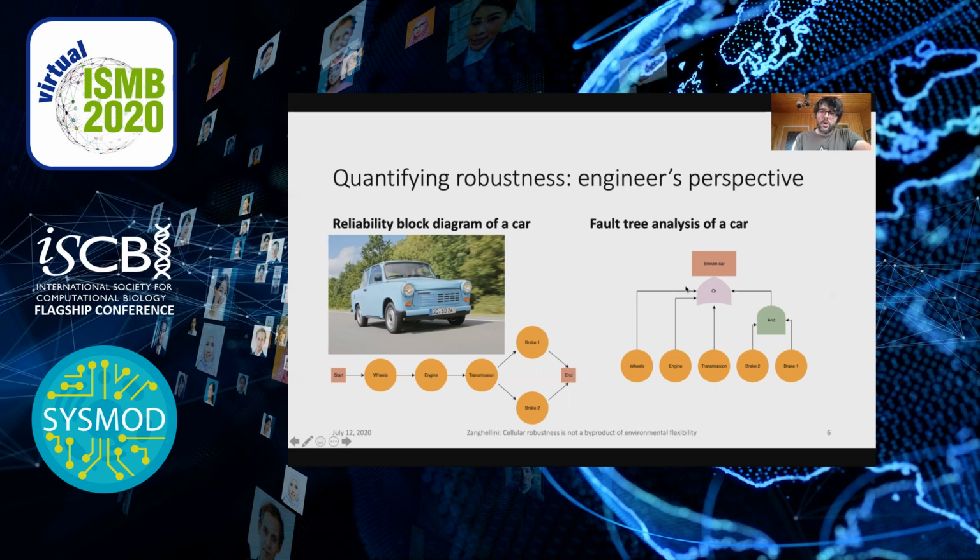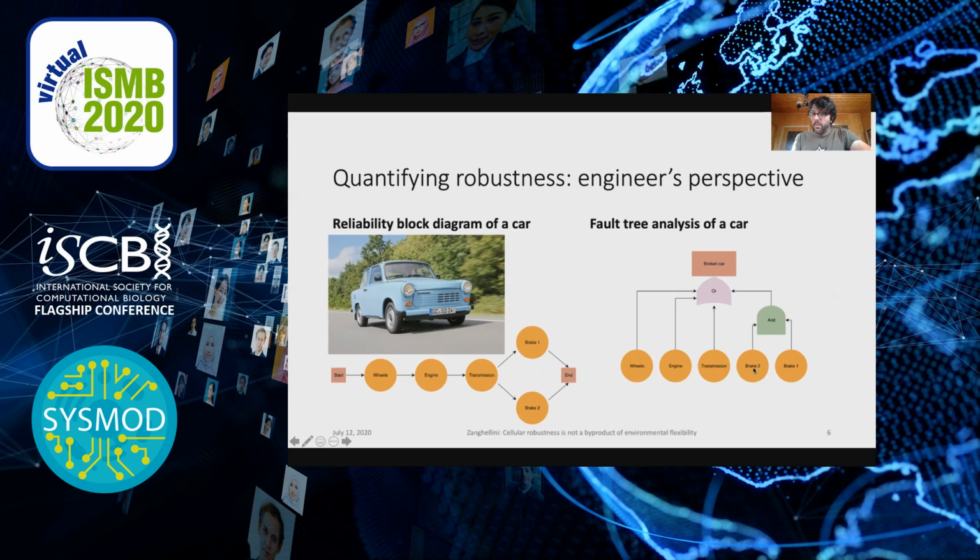A similar approach, viewed from a different angle, is the fault tree analysis. Here we look at what happens when any of the involved subsystems breaks. So here we have the subsystems: the wheels, engine, transmission, and the brakes. If the wheel breaks, we get the signal and the car is broken. The same goes for the engine and the transmission, but it's different for the brakes.